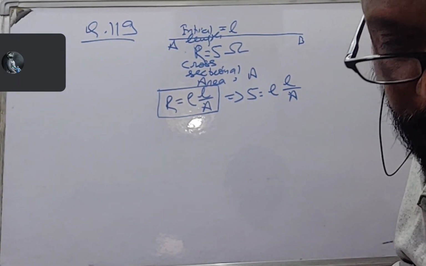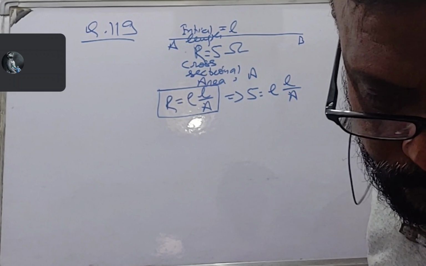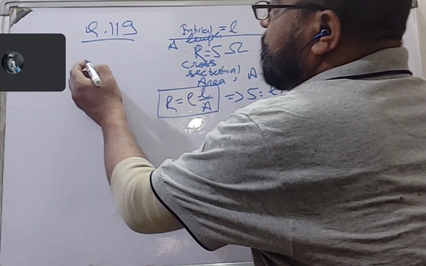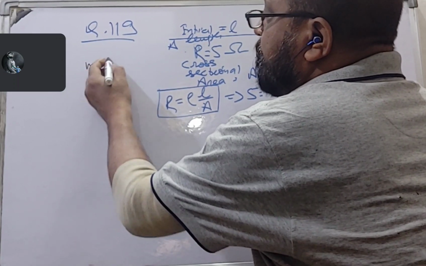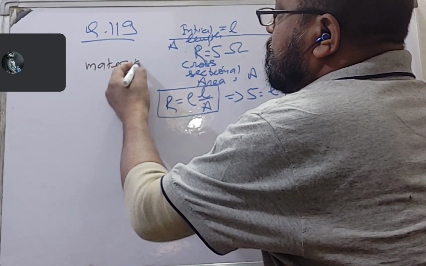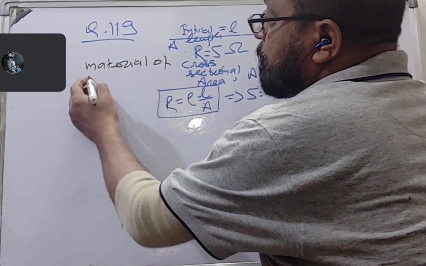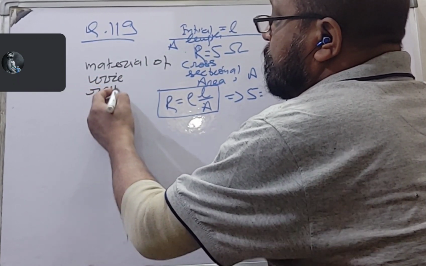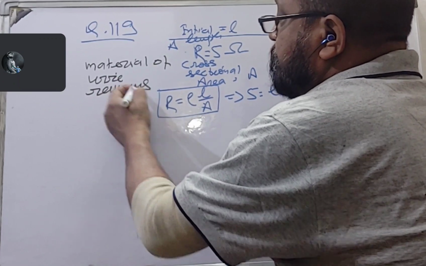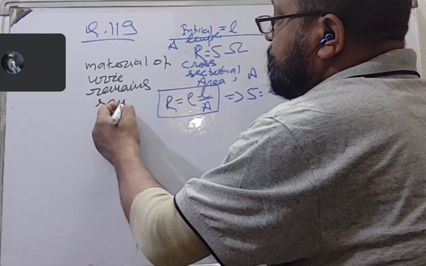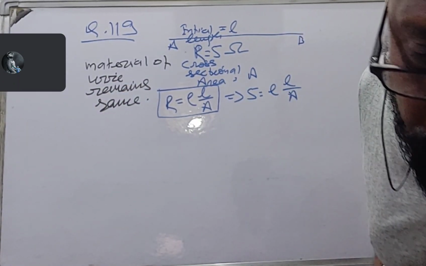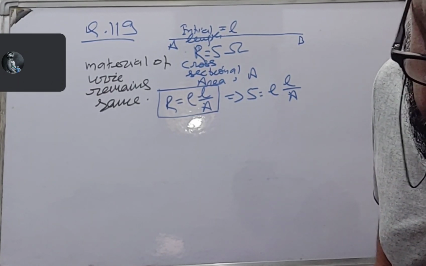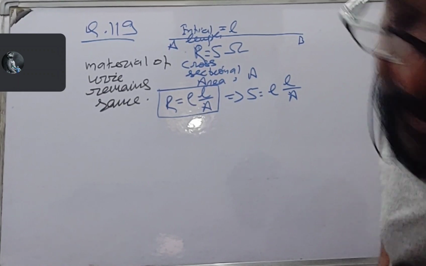So material of wire remains same. Calculate the resistance of same material whose length is 3 times.